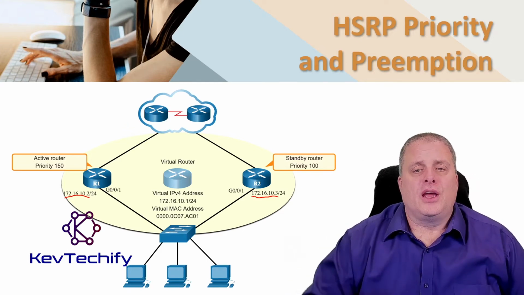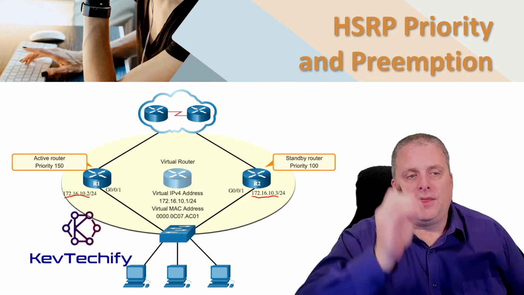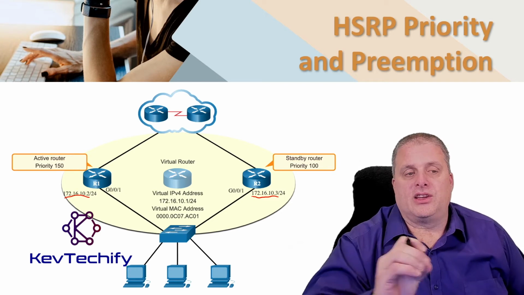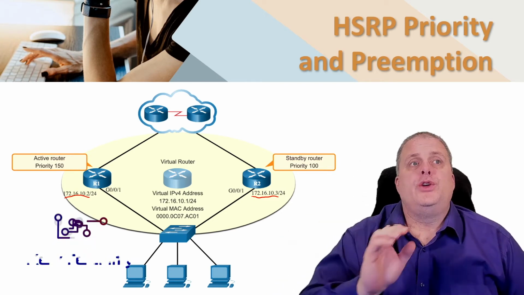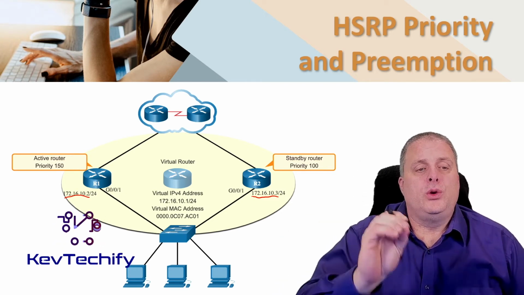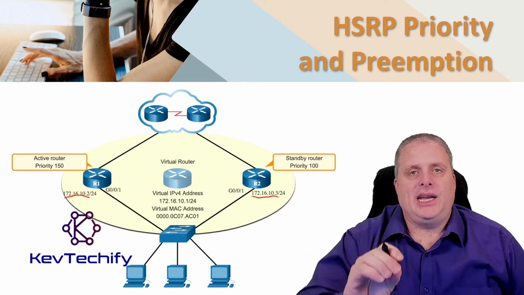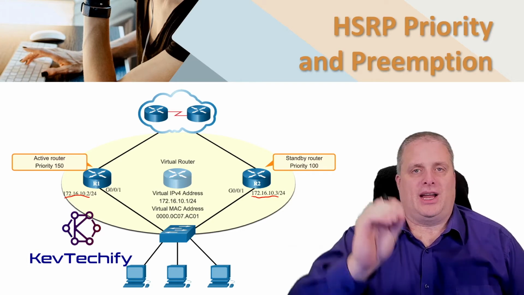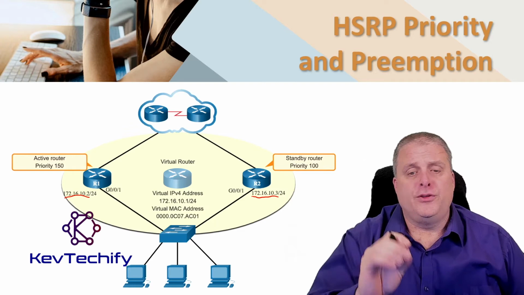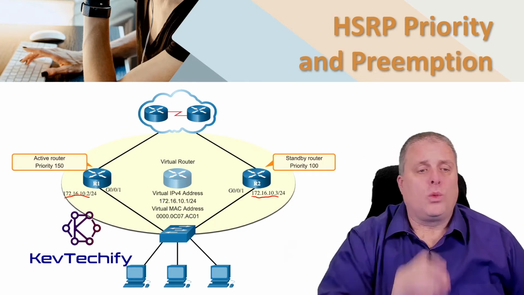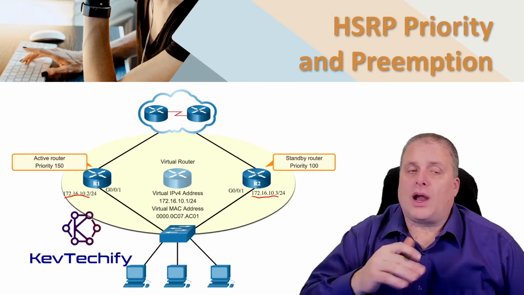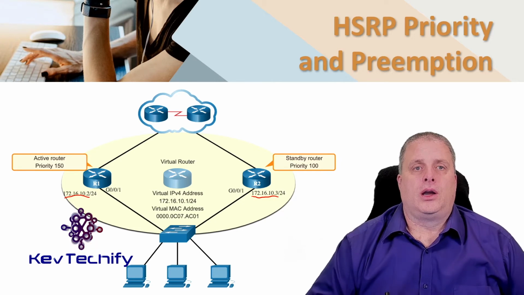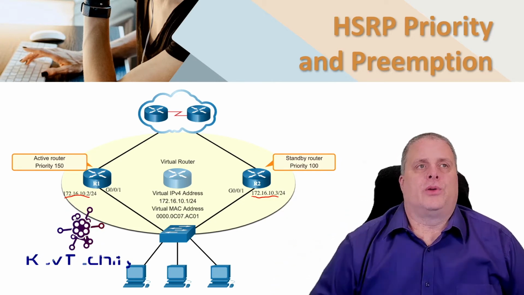By default, the router priority is set to 100. They're both set to 100. You can go in there and change the priority, adjusting it higher or lower. If you definitely want R1 in our scenario, which has the lower IP address, to be the active router, you can go in there and set that priority to 150.